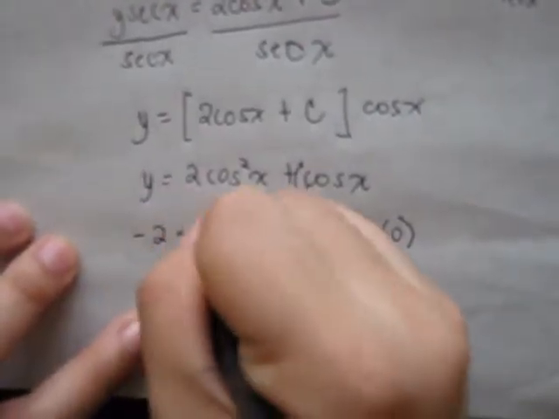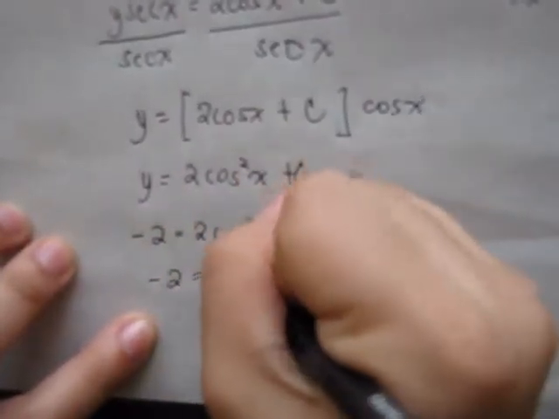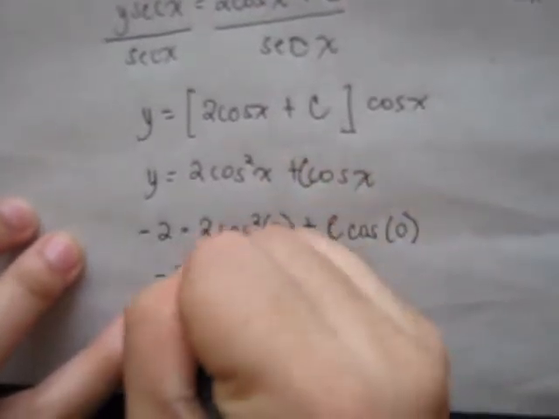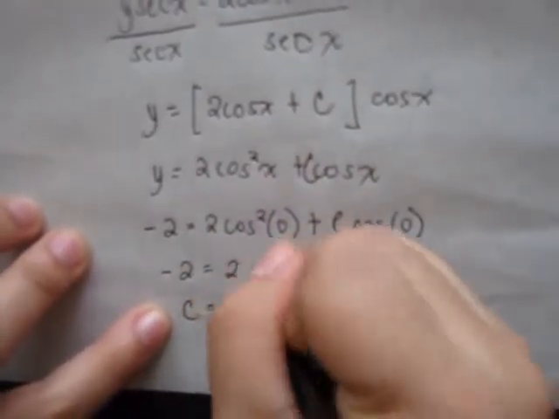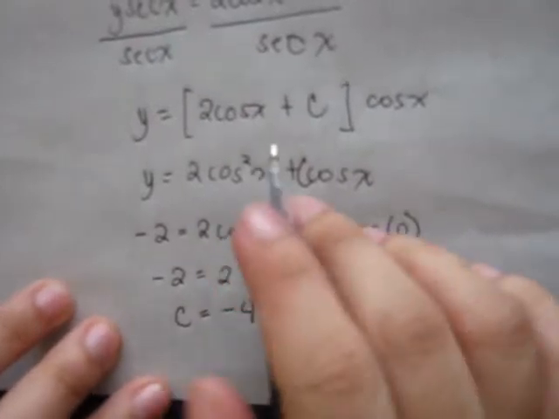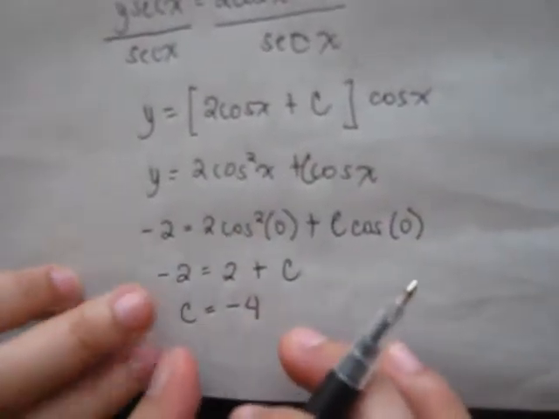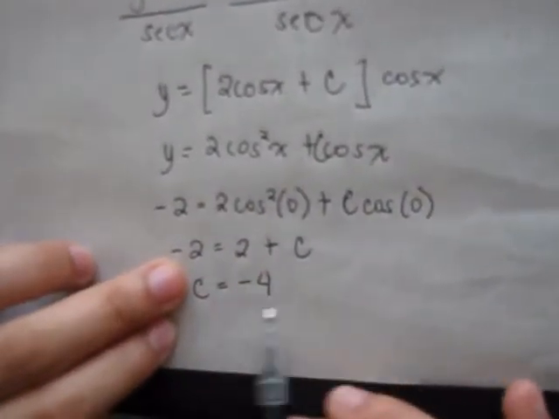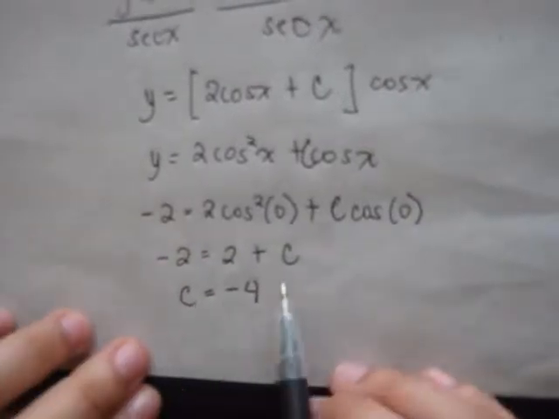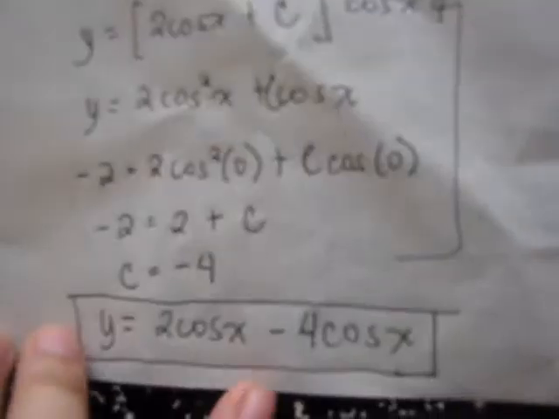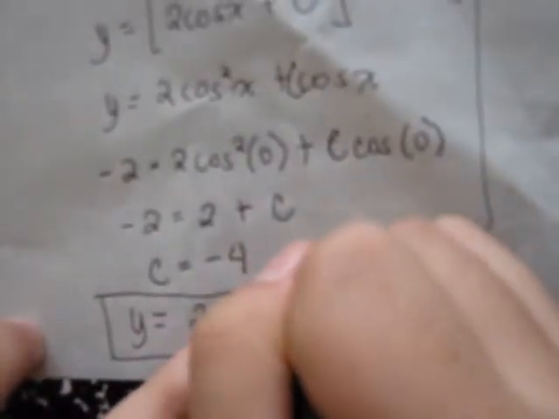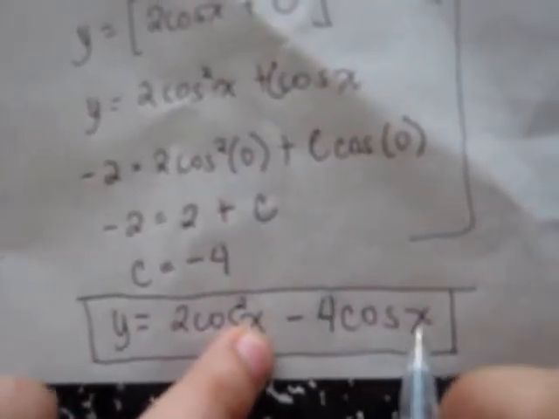So negative 2 is equal to 2 plus c. C is equal to negative 4. So plugging in the value of c into this equation, the final answer is y is equal to 2 cosine squared x minus 4 cosine x.